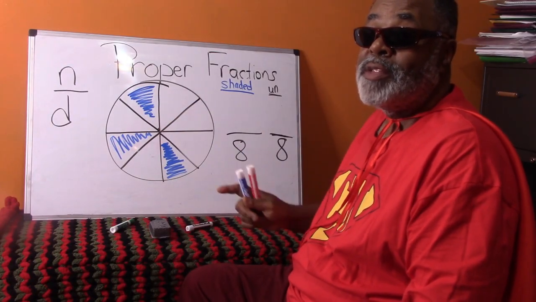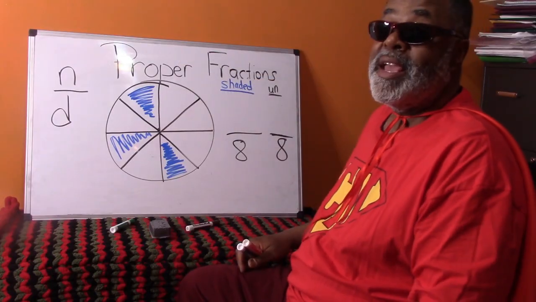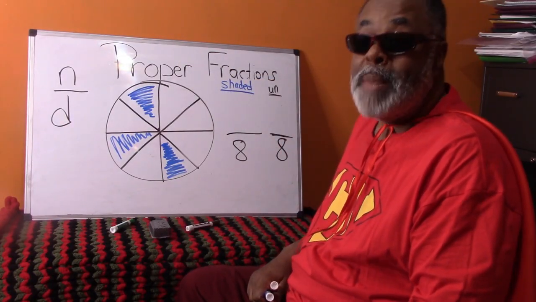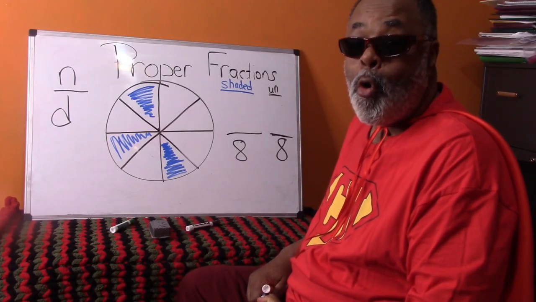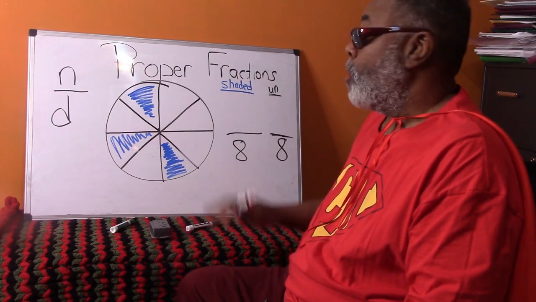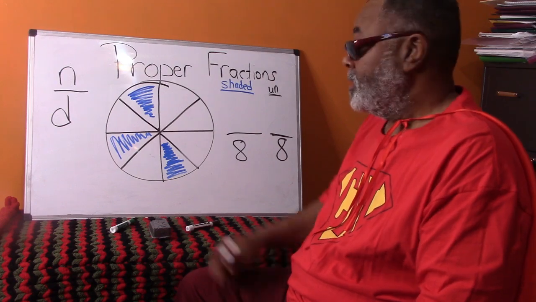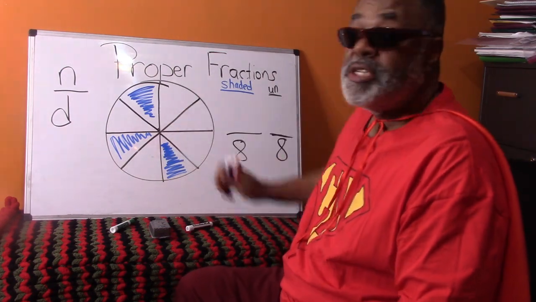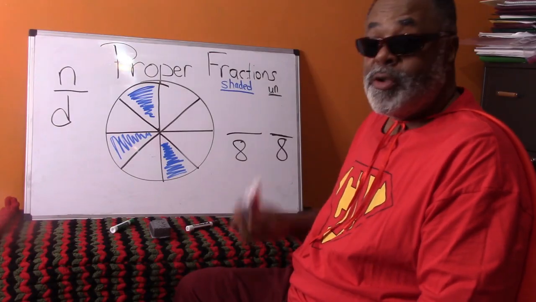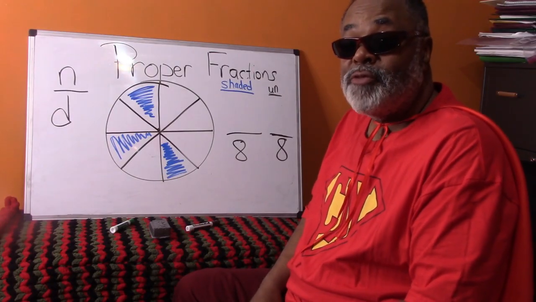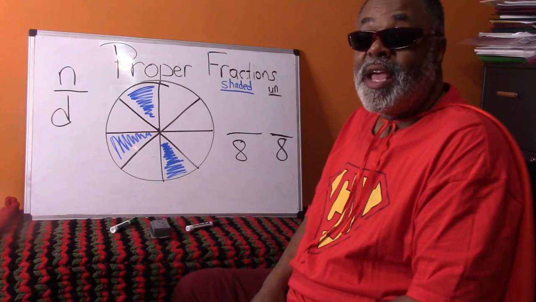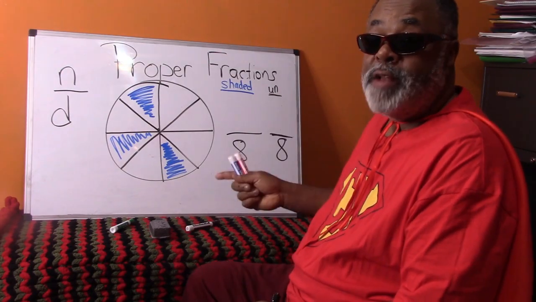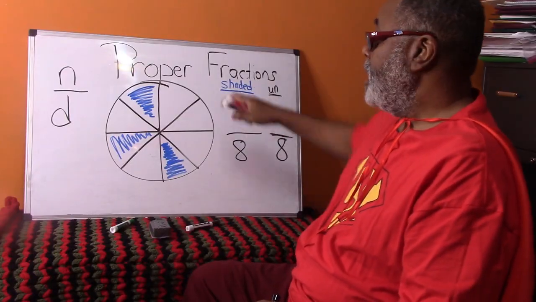And we know that for a proper fraction, the two fractions that we're looking for must be less than 1 whole, because the whole thing is not shaded. If the whole thing was shaded, then all of these would be shaded. So now we know one of the characteristics of a proper fraction is that the fractions are less than 1 whole.